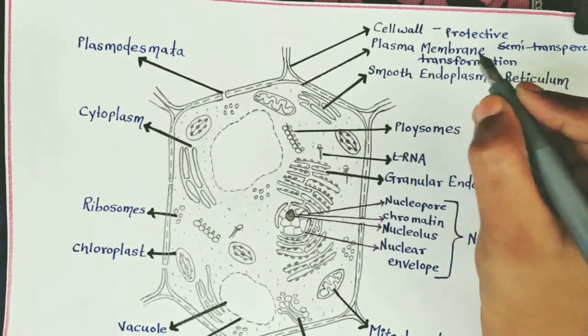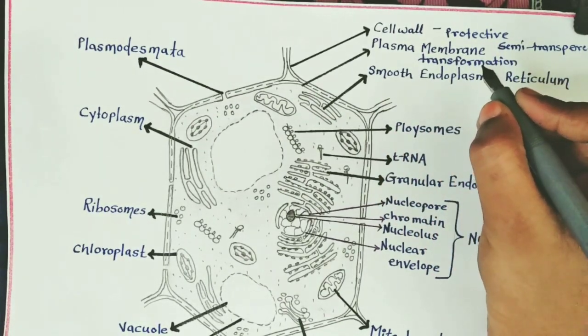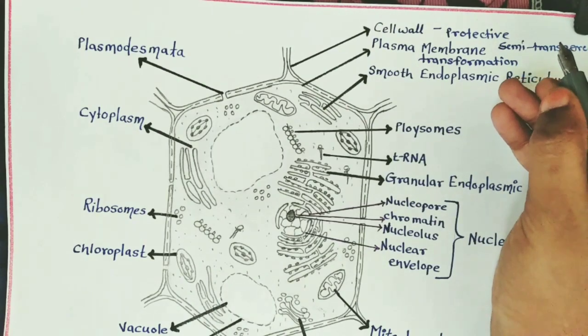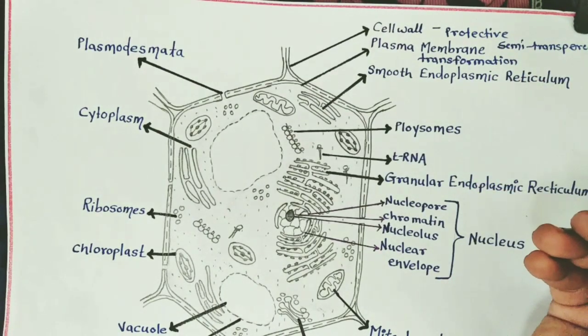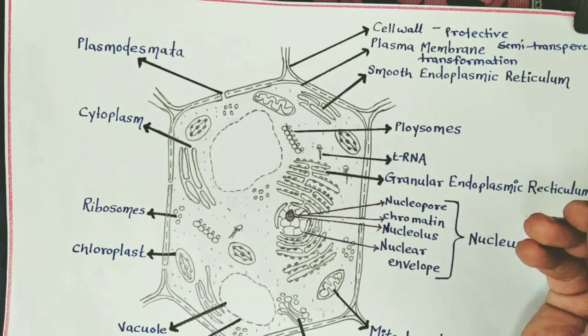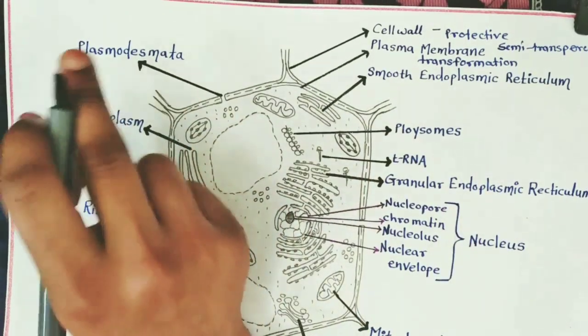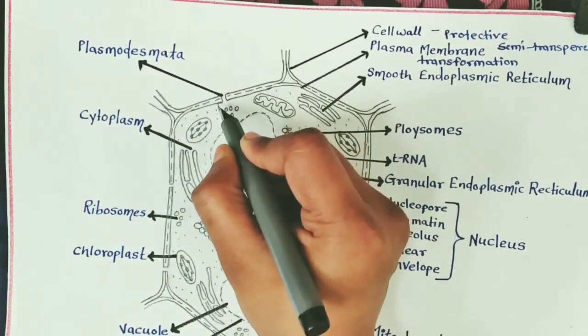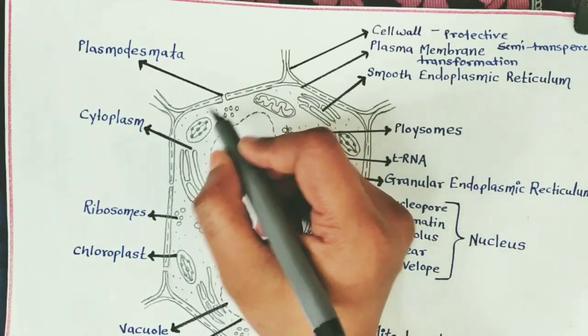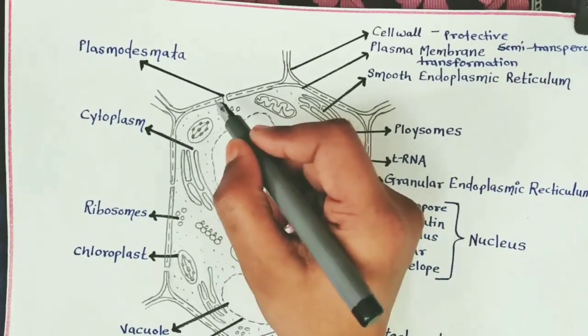So the cell wall and plasma membrane are very important for the cell, for protection from foreign particles.